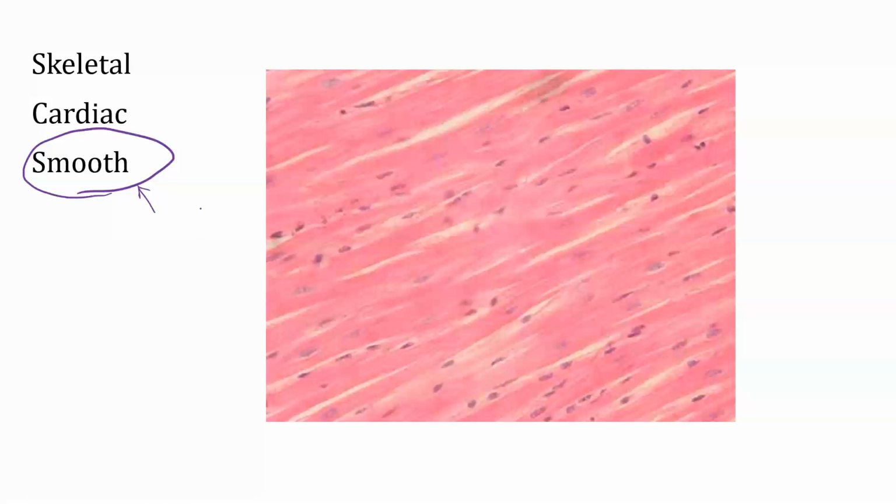Smooth muscle is scattered throughout your body, in any place that movement is required. Generally, you can't feel when these muscles are contracting, just as you can't generally feel your heart contracting either. And then skeletal muscle is found anywhere the muscle is attached to your skeleton and is moving your skeleton when you contract it.